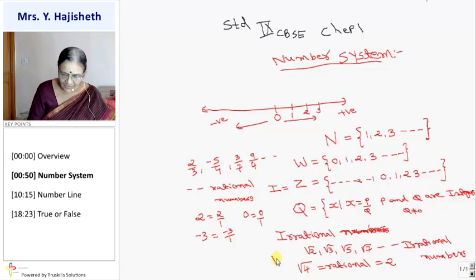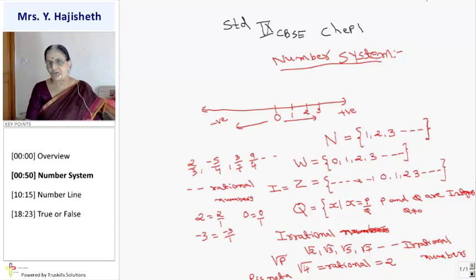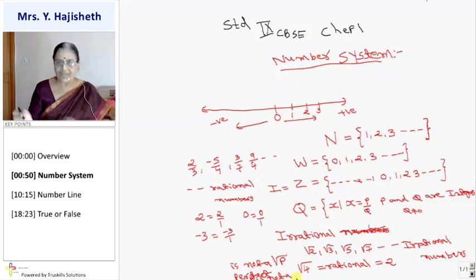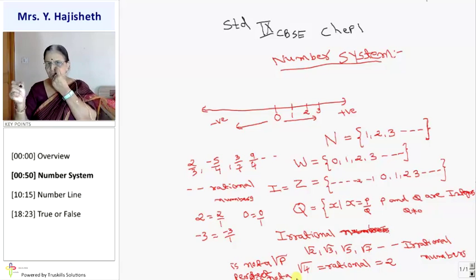So irrational numbers are square root of P, where P is not a perfect square. If I write square root of P, where P is not a perfect square, then root P is an irrational number, okay?